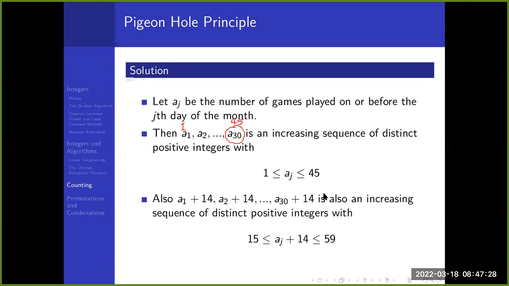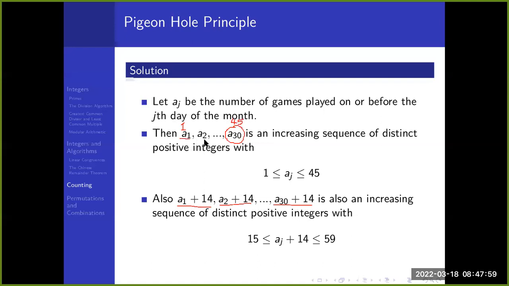So now we can also create another set of numbers by adding 14. We'll see why we are adding 14 in a minute. If you add 14, you get a new set of numbers, which is also different from the first set, and no 2 of these new numbers will be equal.